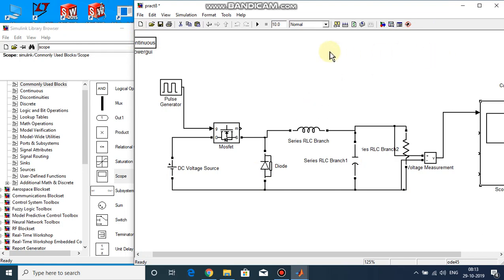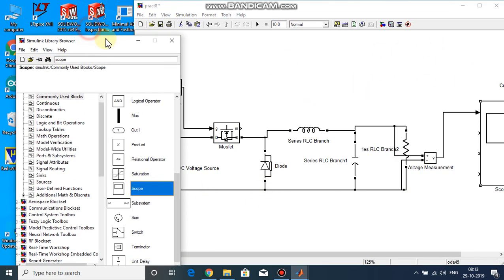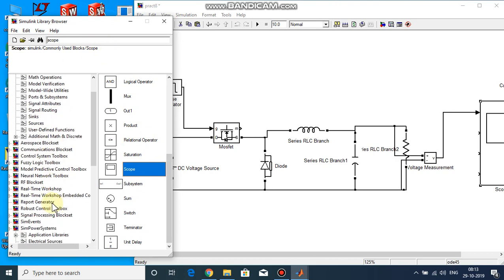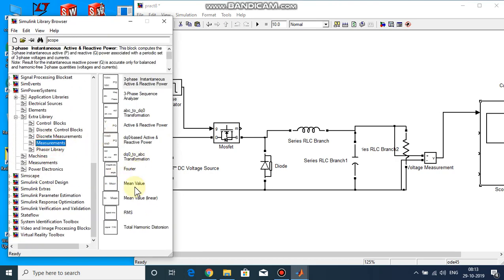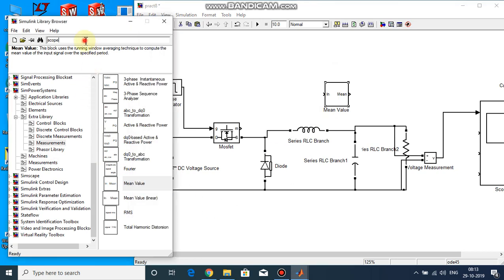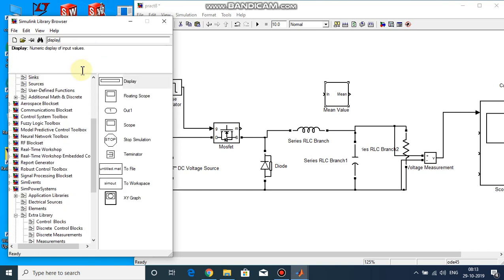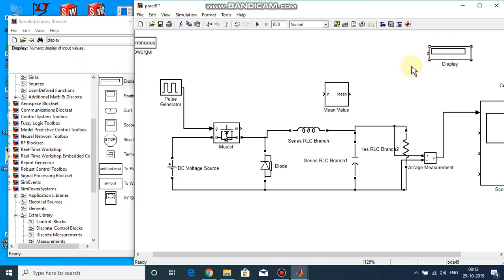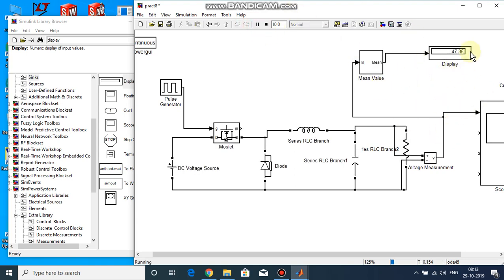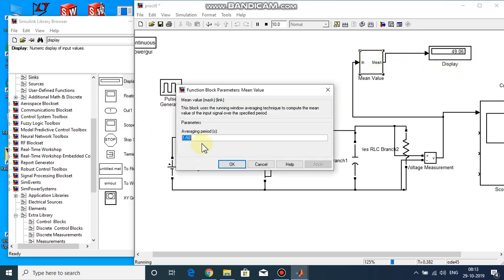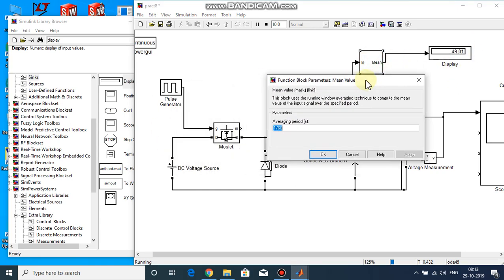Now we'll go to various blocks. If you want to check, we can go to measurements for the mean value, and then we'll go for a display. Our mean block is not configured for that yet.